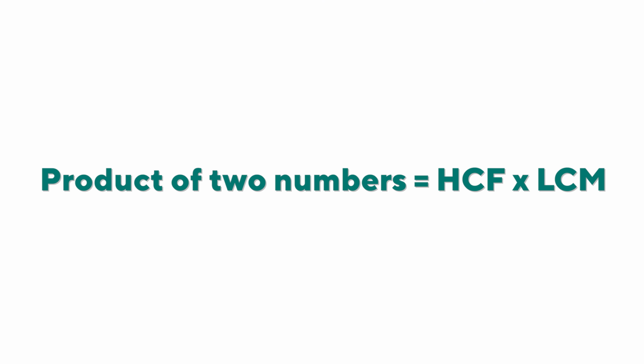We have 3 methods to find HCF and 3 methods to find LCM. There is another property that is interesting. If you take 2 numbers and multiply those 2 numbers, the answer that you get is the same as when you multiply their HCF and LCM. In other words, the product of 2 numbers is equal to the product of their HCF and LCM.